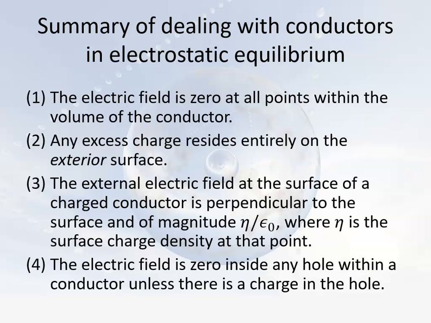Third, the external electric field at the surface is perpendicular to the surface and actually has a magnitude of eta over epsilon naught, where eta is the local surface charge density at that point. And fourth, the electric field is 0 inside of any hole within a conductor unless there is charge brought into that hole.